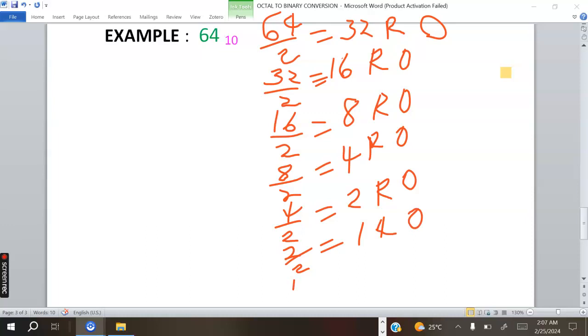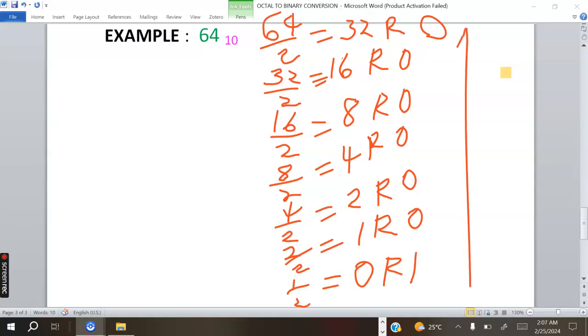And lastly, 1 over 2 is equal to 0 remainder 0. Sorry, not remainder 0, but remainder 1. So as long as you are able to get the quotient being 0, it means that is the last part of your working.